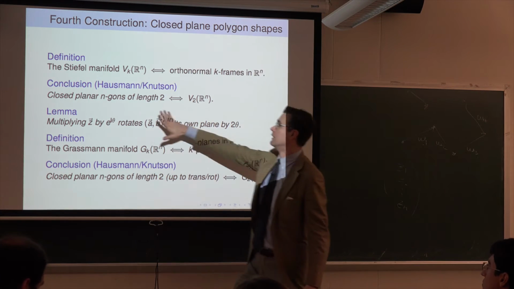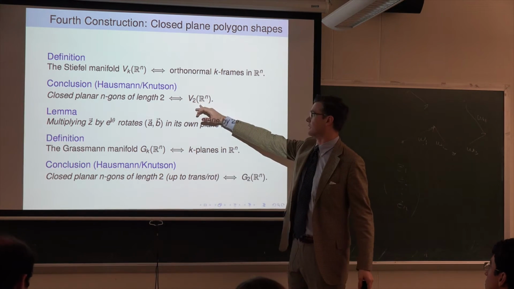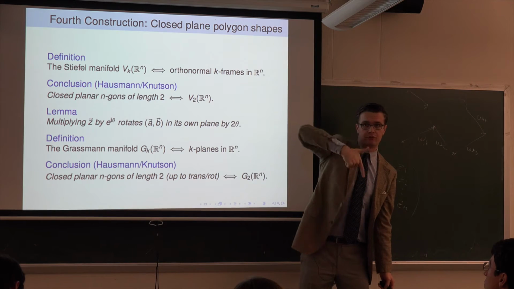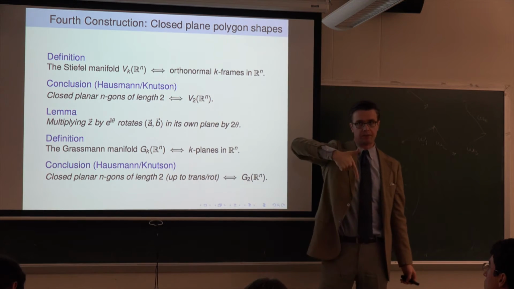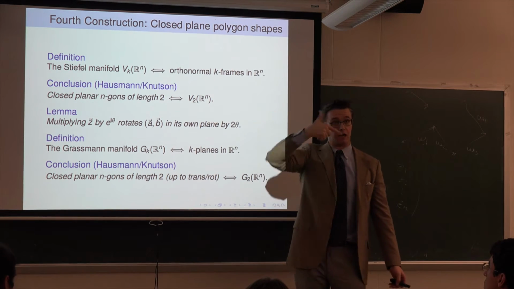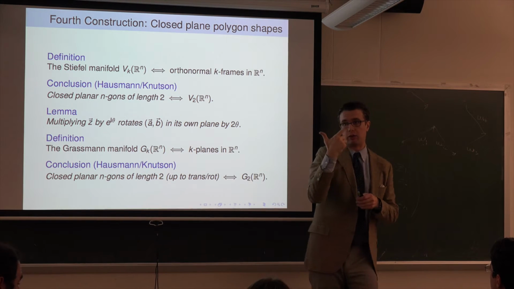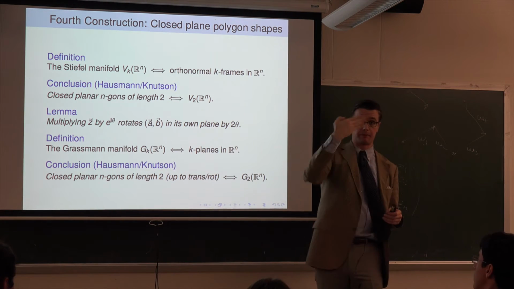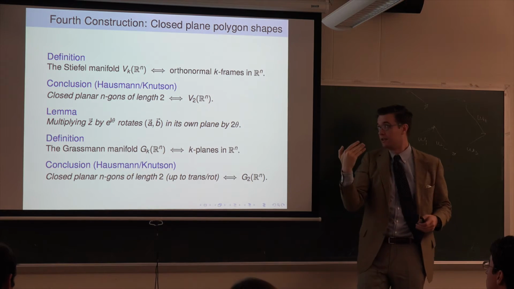Okay, so we said closed n-gons are like the Stiefel manifold. And now if we do a rotation to a Stiefel frame, and we just mod out by that rotation, you're saying, okay, well, I don't really care about the frame. I just care about this plane that it spans.